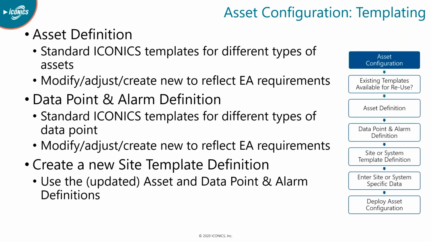The next step is to create an asset configuration, and we will also show some of this in the actual product in a moment. But from a PowerPoint point of view, we would normally define different types of assets.